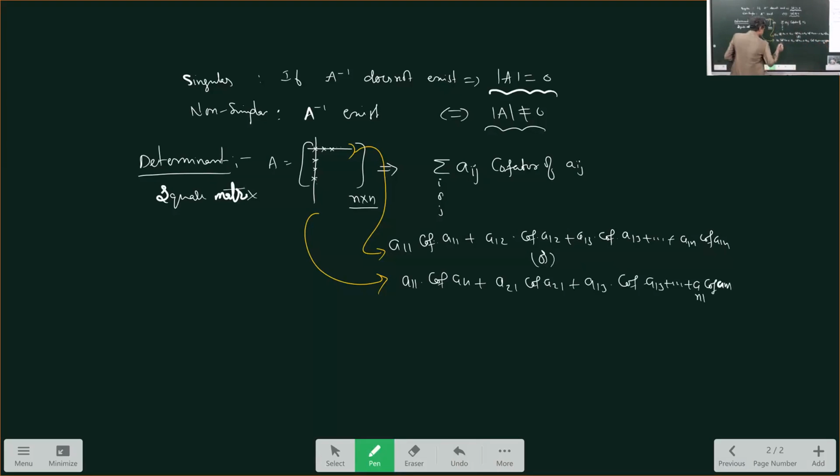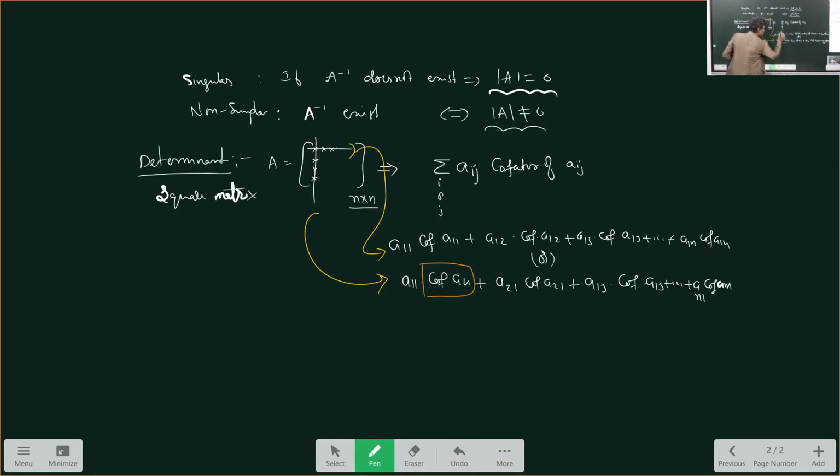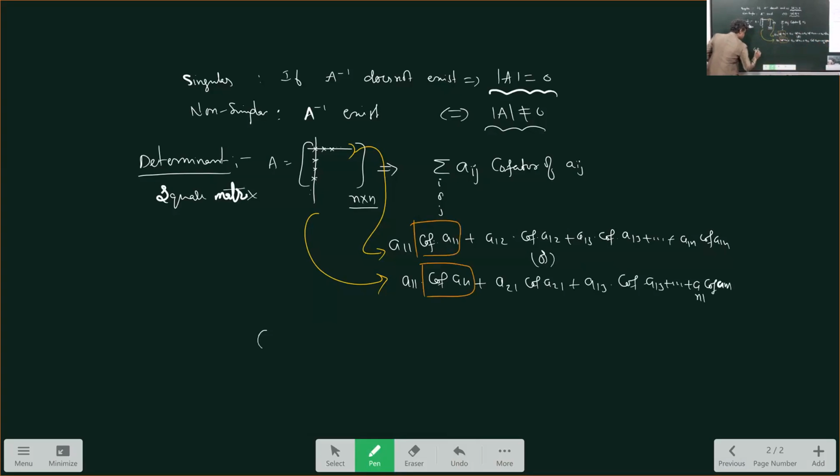So my question is, what could be the cofactor? What is a cofactor? The cofactor is defined for the ith row, jth column element, for a general element. Suppose the first element A11.